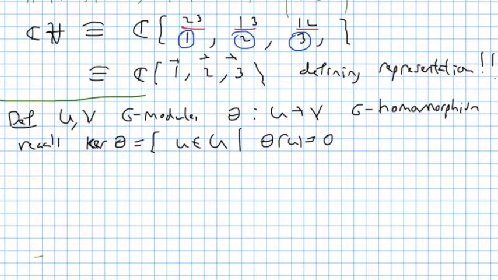Yeah, I think I swapped the orders of V and U, so this should be V and U to be consistent with the beginning of the class. So the kernel are the elements of V that get mapped to 0.